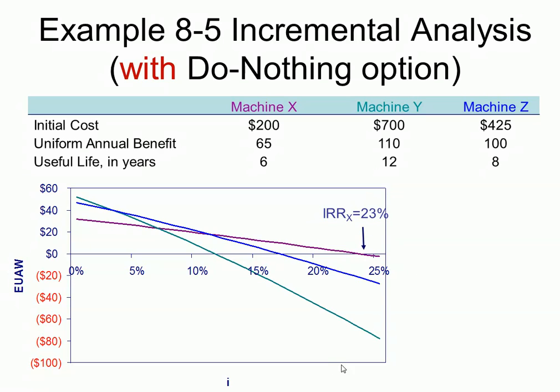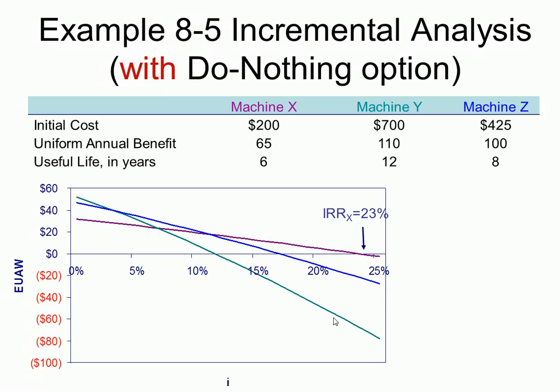Well, actually 23%. So now we have the internal rate of return for X is 23%. That's also the same as the incremental rate of return of X minus do nothing. So as long as the minimum attractive rate of return is more than 23%, we would do nothing.